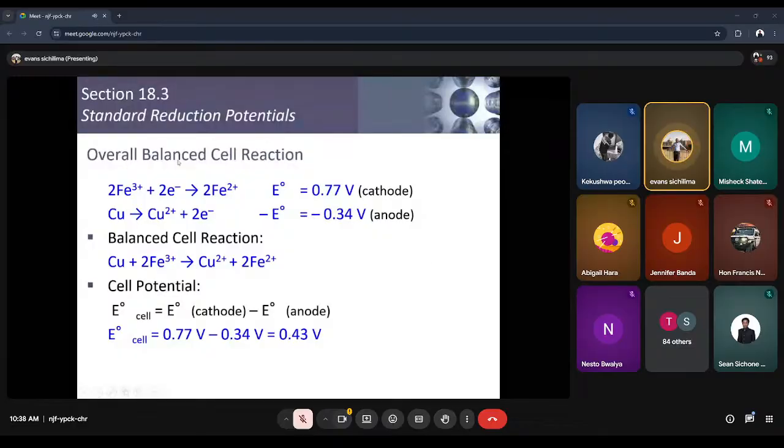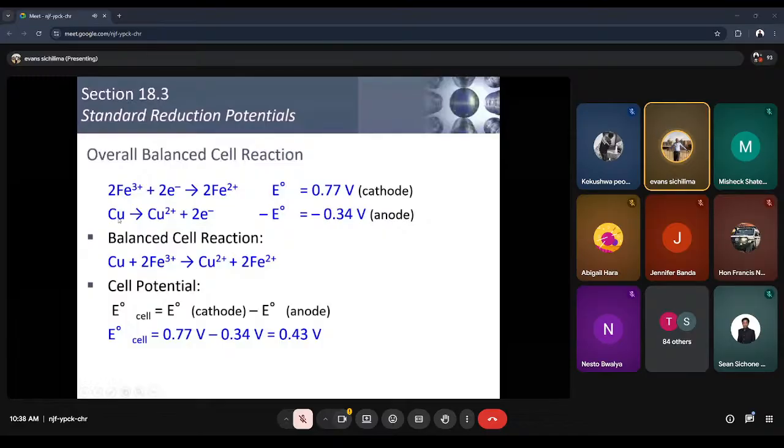So overall balanced cell reaction. We said we multiply throughout by 2, this half reaction. The potential remains the same. Then this one has been flipped, because in the actual redox reaction, it was actually copper losing electrons. So this is a standard, but in this equation, the standard has been altered.